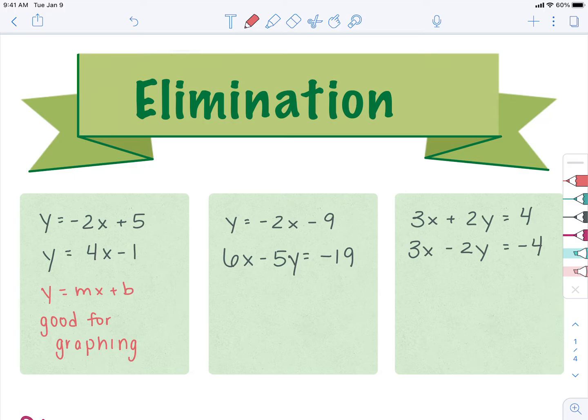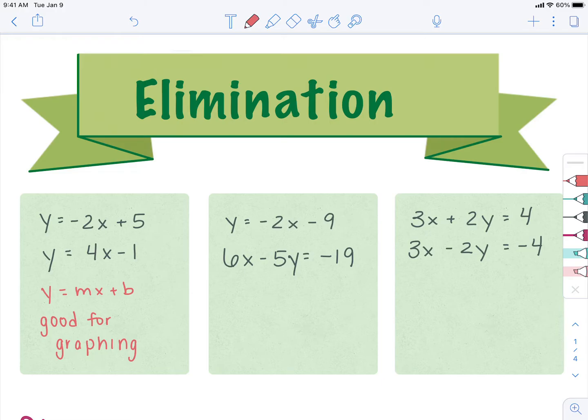So when I have situations where maybe one of them is easy to graph but the other one isn't, that's something that I want to use substitution for because I already have my y all by itself. So those are like our favorable substitution situations.